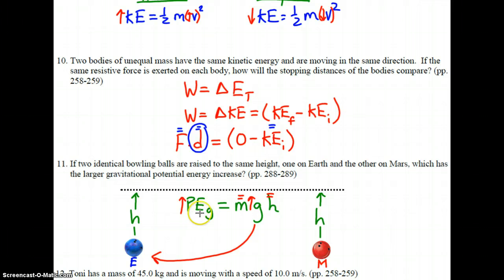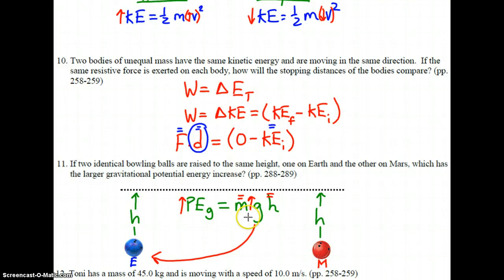Gravitational potential energy, PEg, is calculated by mgh. This, once again, is found on your reference table. So if both have identical mass and both attain the same height, the one with the greater gravitational potential energy is going to be the one with the greater acceleration due to gravity on that planet.